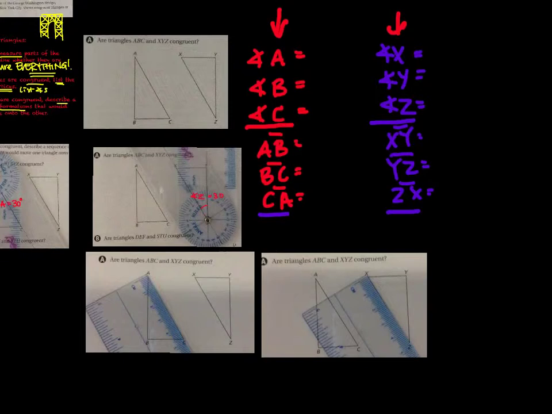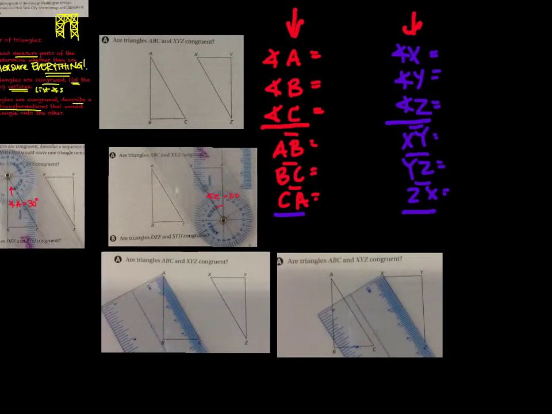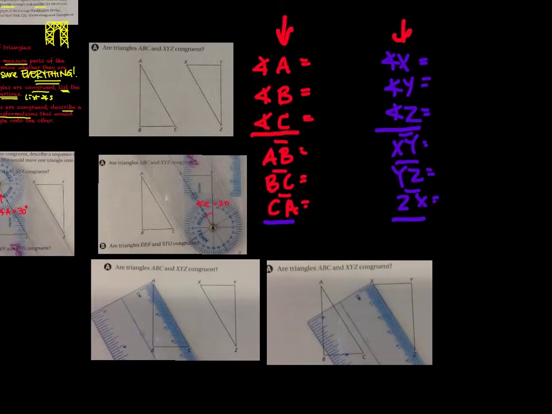So we have angle A, which was 30 degrees, and angle Z was also 30 degrees. Now we need to figure out what some of the line segments are, so I'm going to show you how to do that, and then I'll do a little math magic and fill everything in.